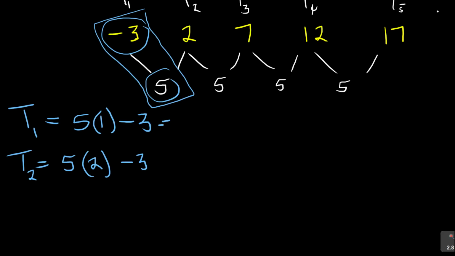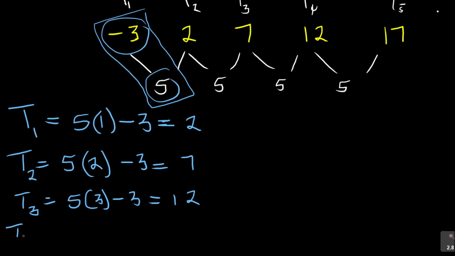So here, if I get an answer, what is the answer? 5 minus 3, I get a 2. 10 minus 3, I get 7. T3 is equal to 5, 3, I maintain minus 3, equal to, what is 15 minus 3? It's 12.